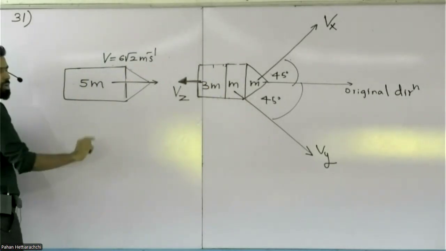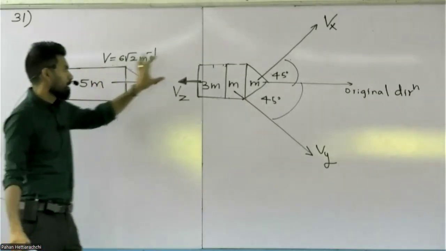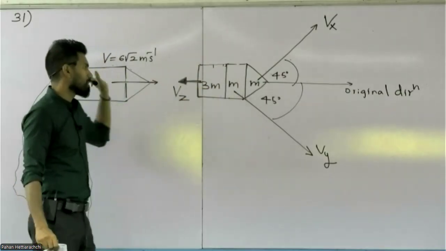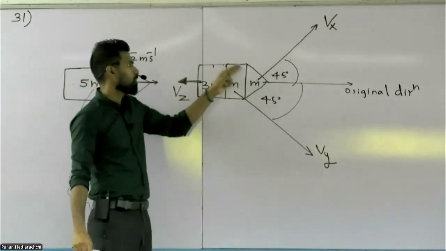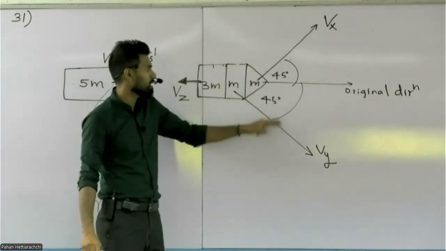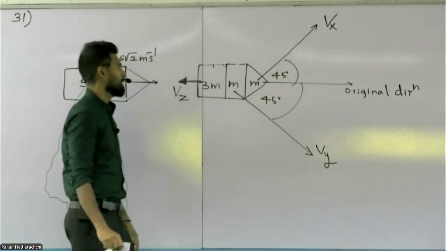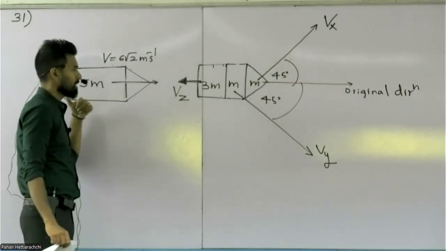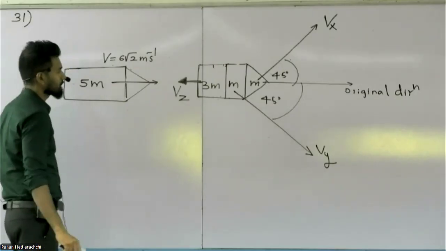The 2 smaller fragments move with velocities vx and vy at angles of 45 with the original direction, and the larger fragment moves in the opposite direction with the velocity vz. Now the drawing is correct.